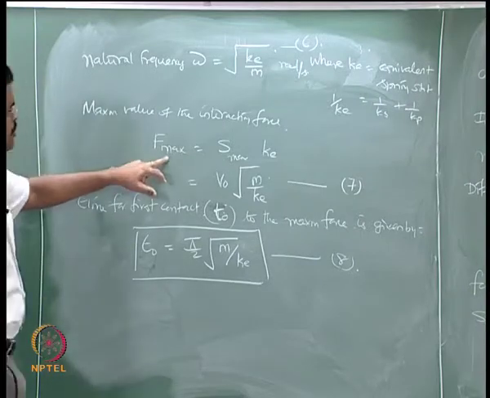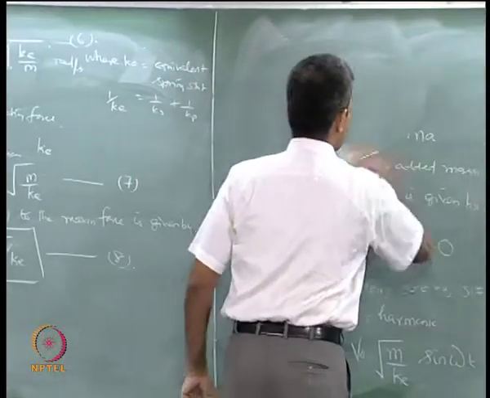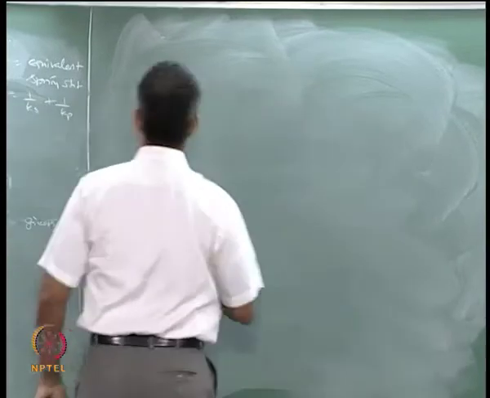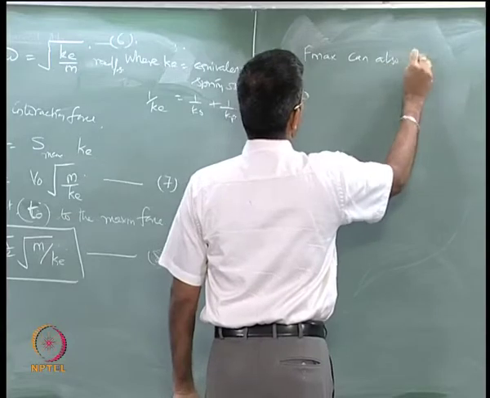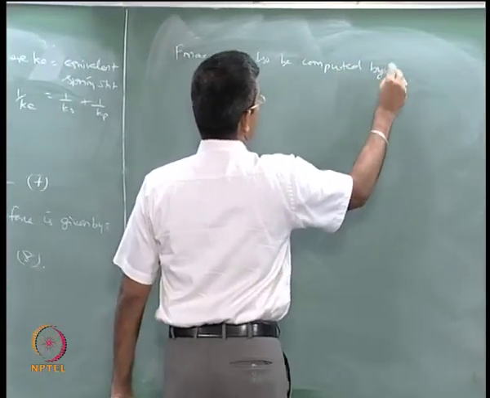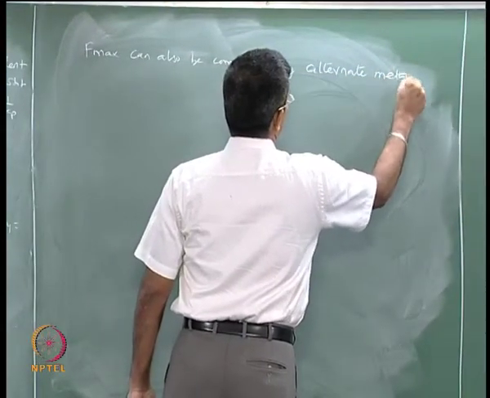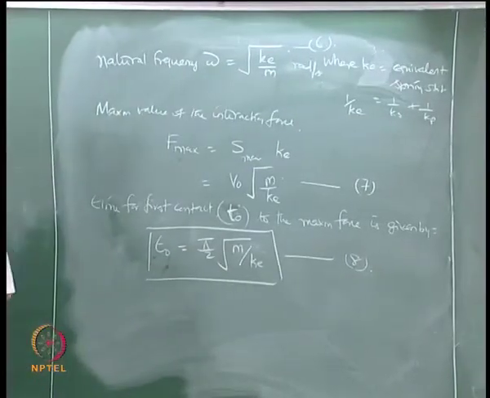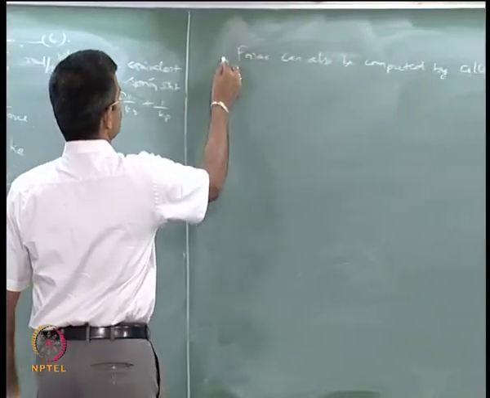F max can also be computed the other way. By an alternate method, you can compute F max. This is on the basis of the law of conservation of energy.